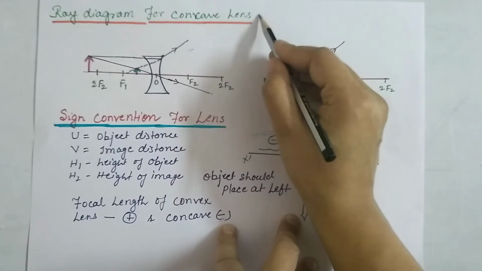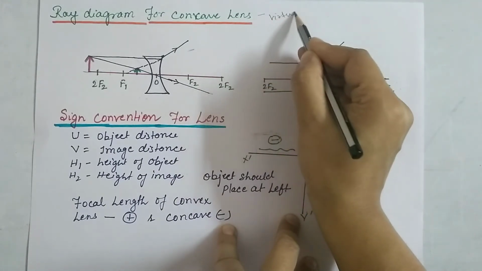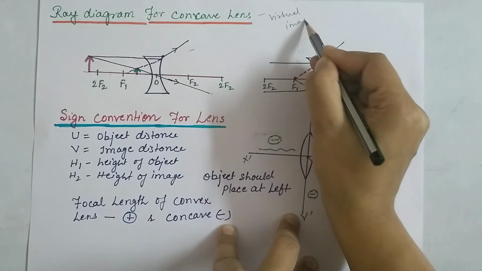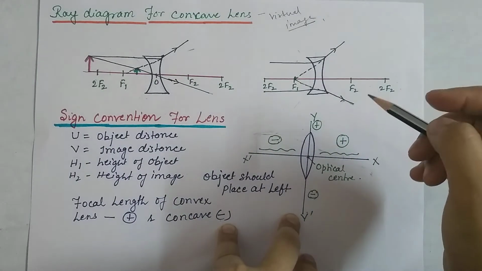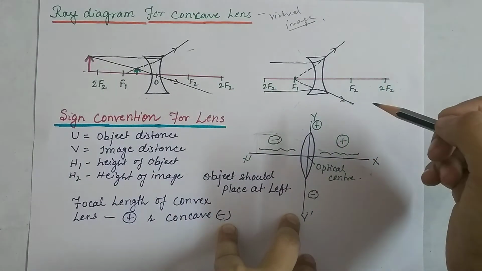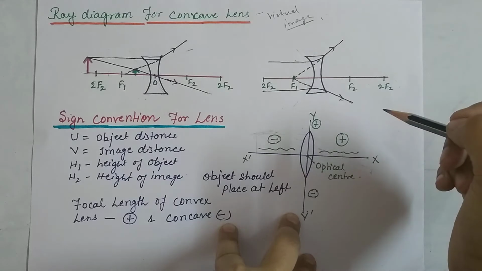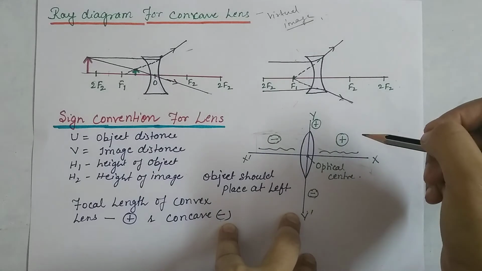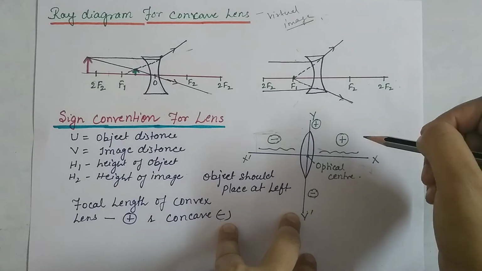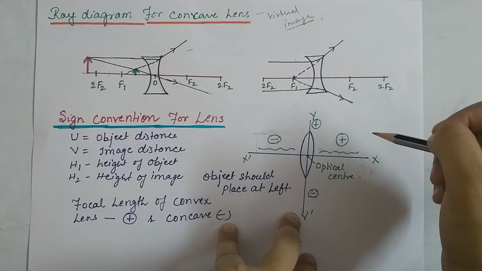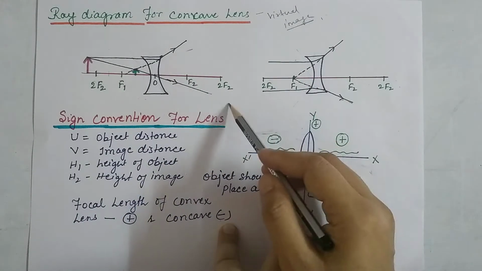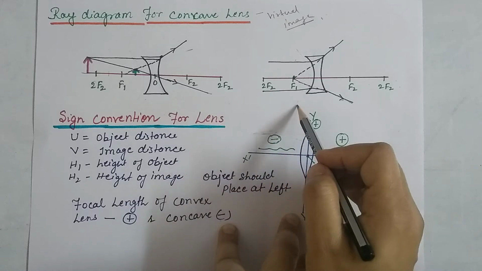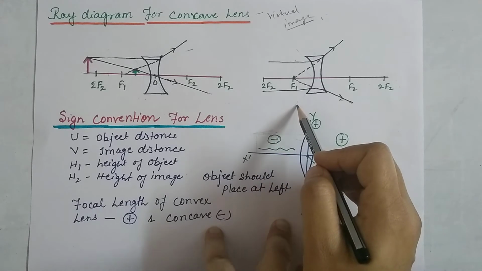So a concave lens always forms a virtual image, and a convex lens forms a real image. Only the last one that we studied is the exceptional case, when the object is placed between the optical center and focus first.